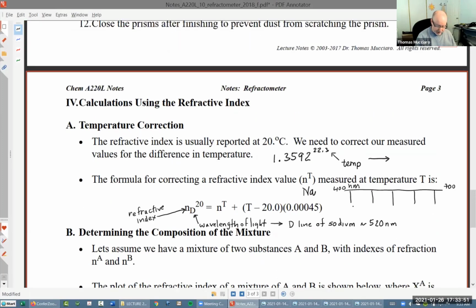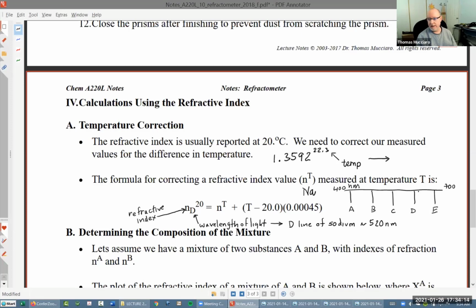And then what the physicists did was they just assigned each line a letter in order. And so the D line of sodium is the fourth line that's given off, and it corresponds to 520, which is not accurately shown here.